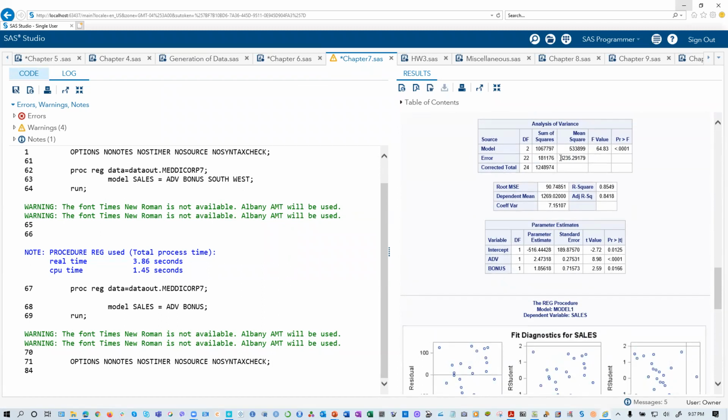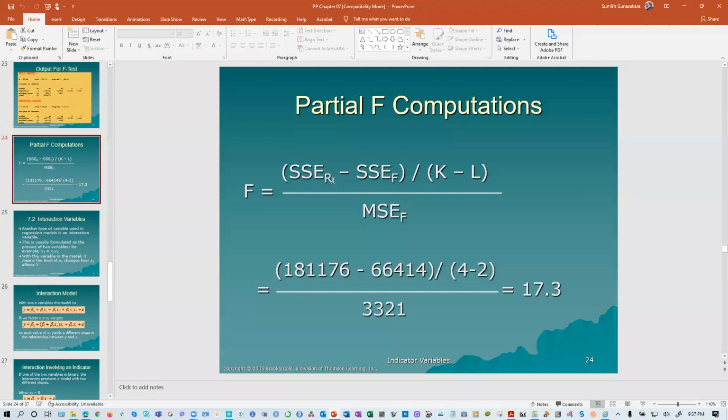That means in the reduced model the error left over is higher than in the full model, where the error is being explained by each and every variable. It is 181176, versus 66414 in the full model.